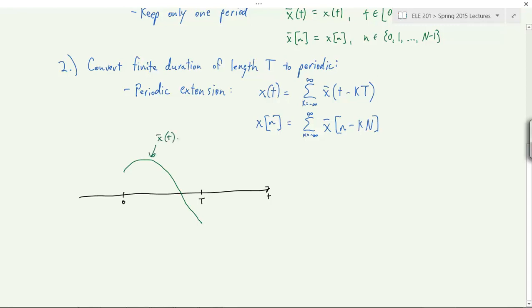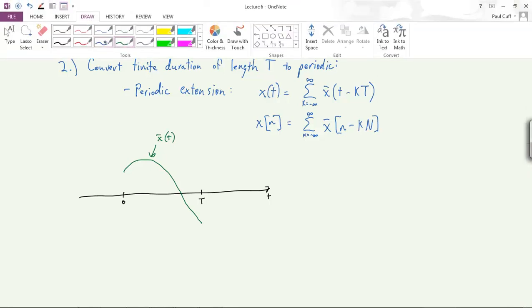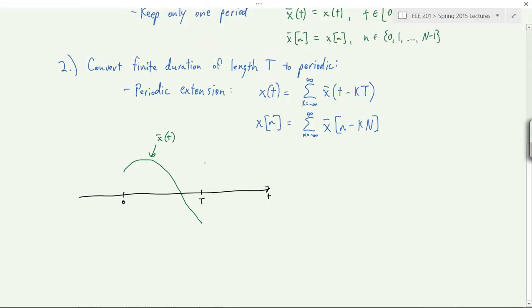The periodic extension then is simply repeating this to make it periodic, dot, dot, dot.